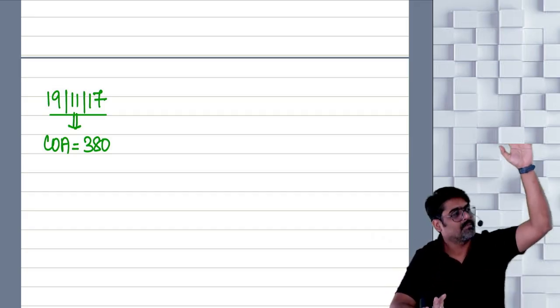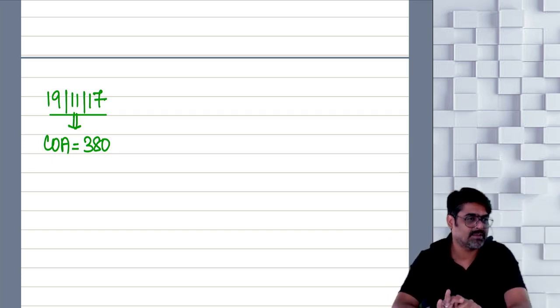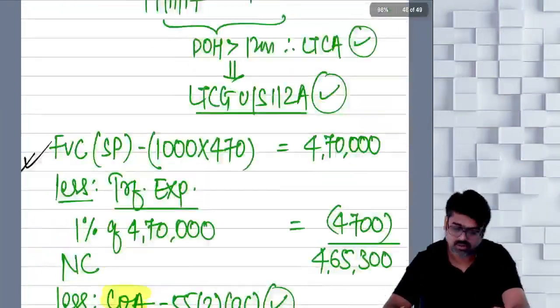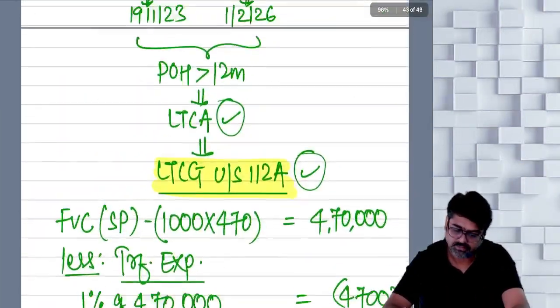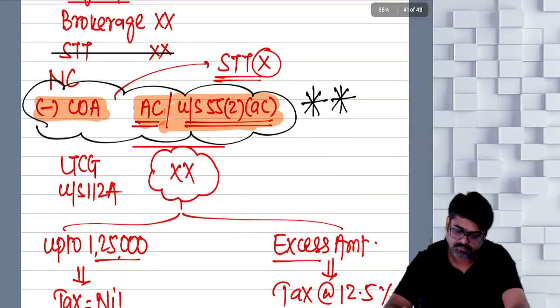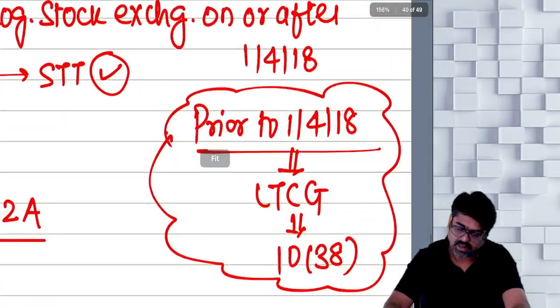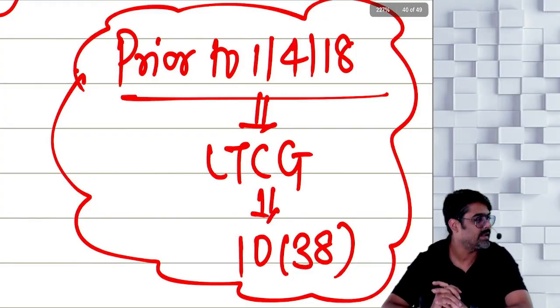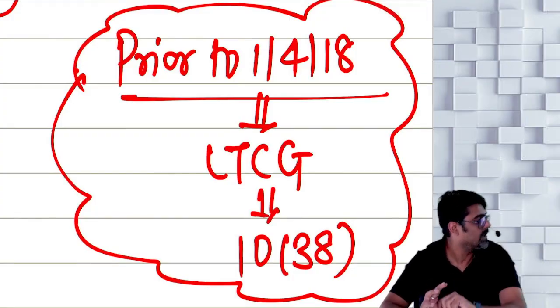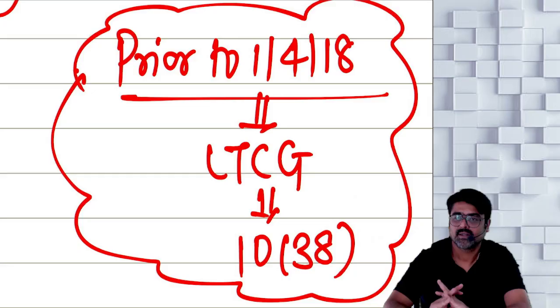At that time, 10(38) was in existence. I told you earlier only. Prior to 1st April 2018, if you calculate long-term gain, it will be exempt under section 10(38).